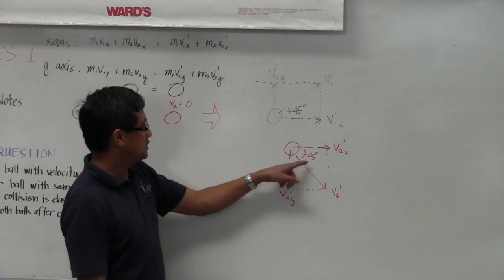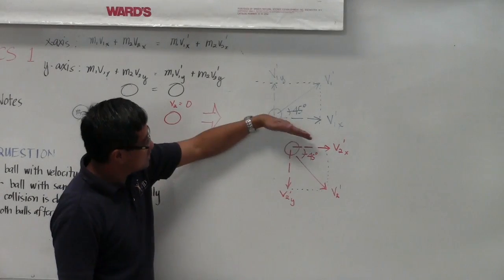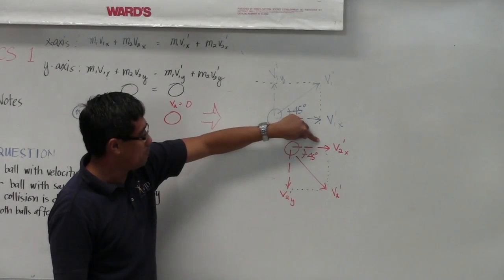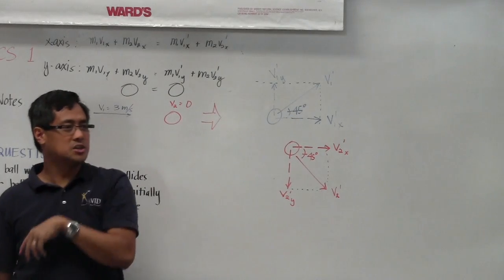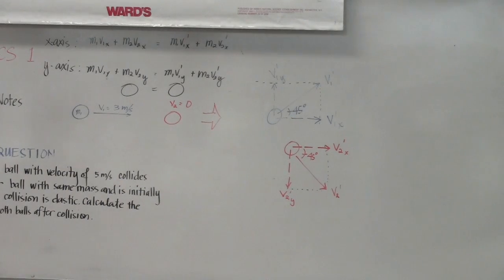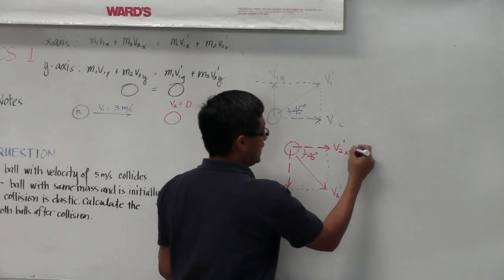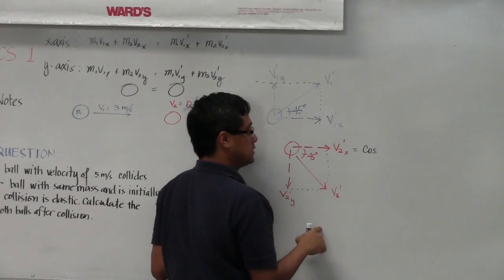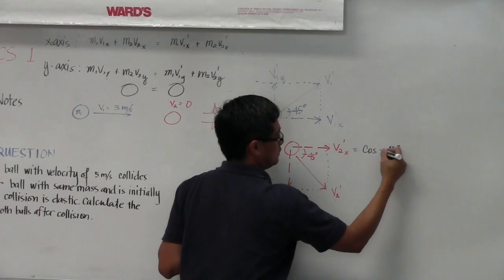In relation to this angle, the x component, is this one your adjacent or is it your opposite? Adjacent, right? What function uses adjacent and the hypotenuse? Is it sine or cosine? Cosine. So this one is cosine negative 45 degrees.